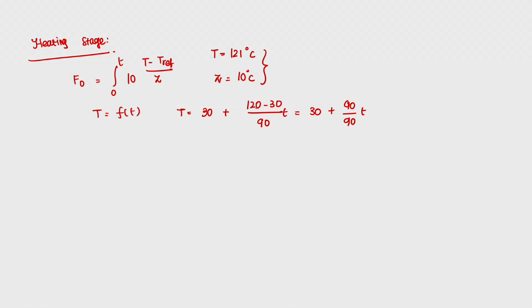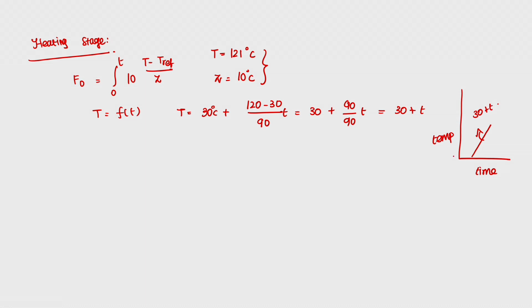For 90 seconds it is 90 degrees centigrade, which means for 1 second it is 1 degree. This interpolation should be added to the 30, which is the initial temperature. So what we get is 30 plus t. If you draw a graph between time versus temperature, the heating stage increases linearly, and this linear function is nothing but 30 plus t.